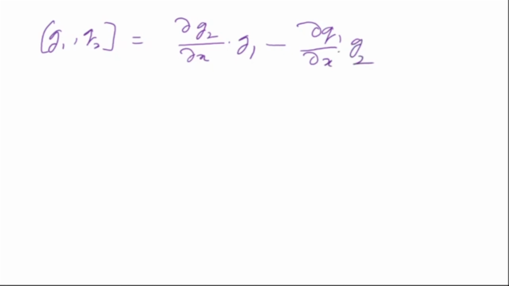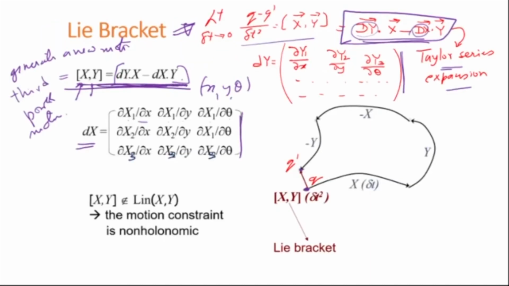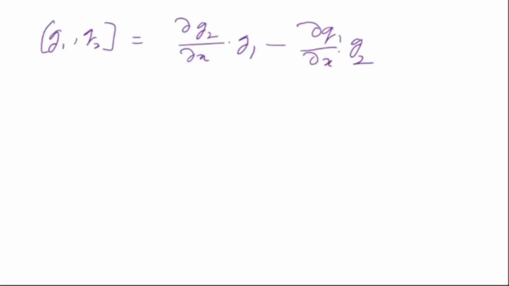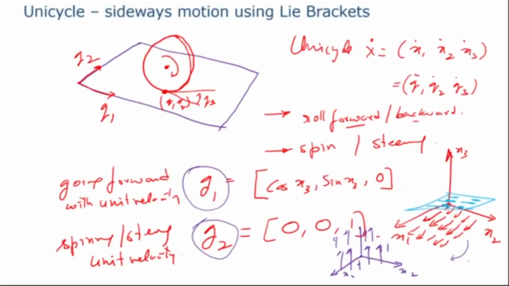This is exactly what we wrote before. If you go back and see what is written here, it is the derivative of the second field into the first field, and the derivative of the first field into the second field. This is my first field and this is my second field. Now remember what g1 and g2 are. g1 and g2 are given here.